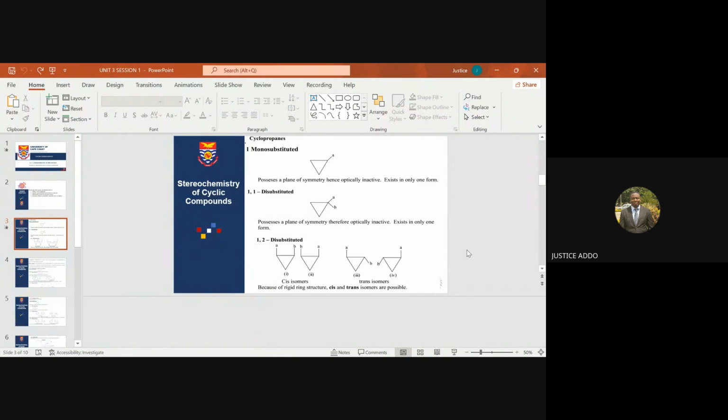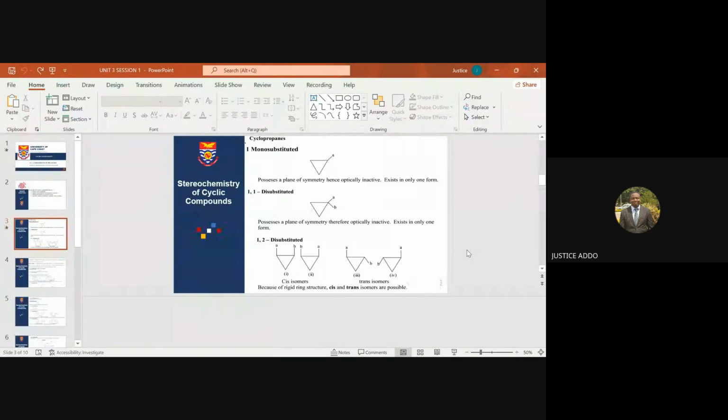As soon as you're able to establish these two conditions in the molecule, then this molecule is optically inactive. And that is a statement you need to make. And when you make that statement, you need to draw a conclusion: if a molecule is optically inactive, then it means that the molecule will exist in one form.